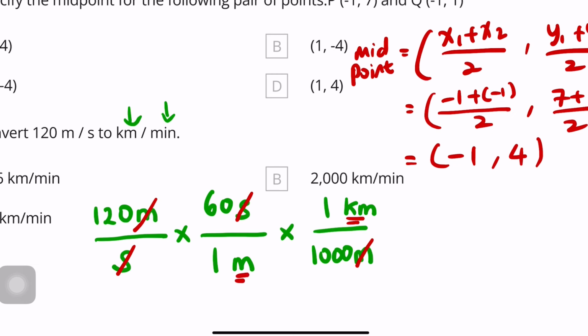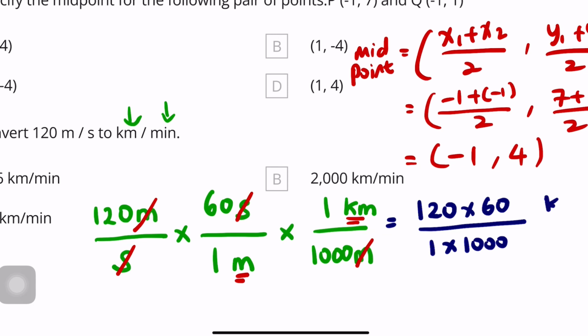Okay, can you see the process? You just simplify all these values. So 120 times 60 divided by 1 times 1000 kilometer per minute. Press your calculator: 120 times 60 divided by 1000. So you have 7.2 kilometer per minute.